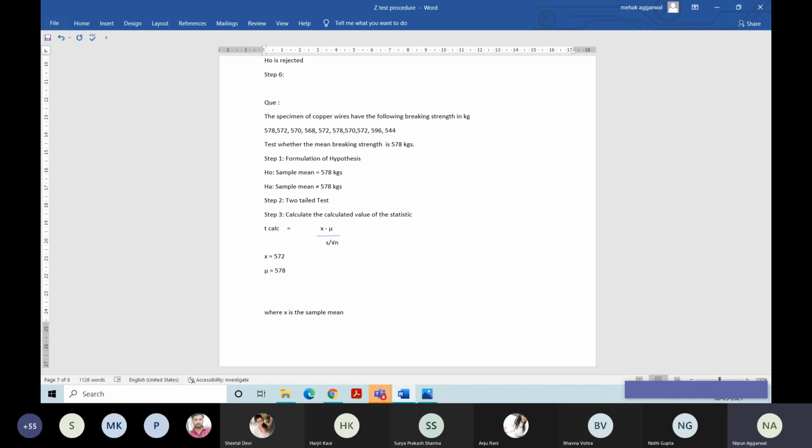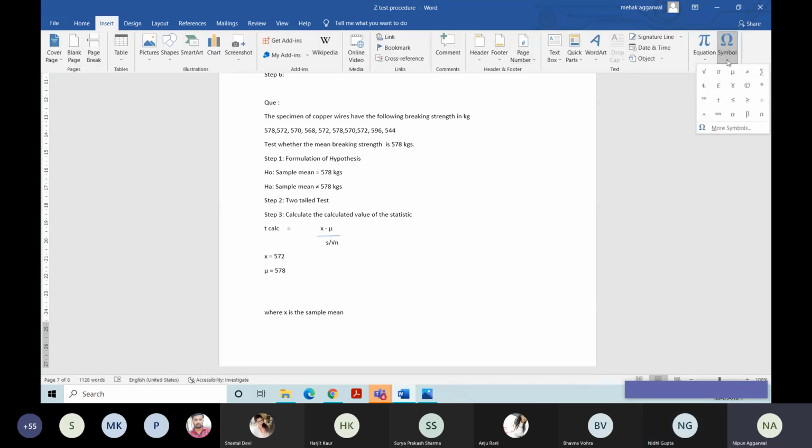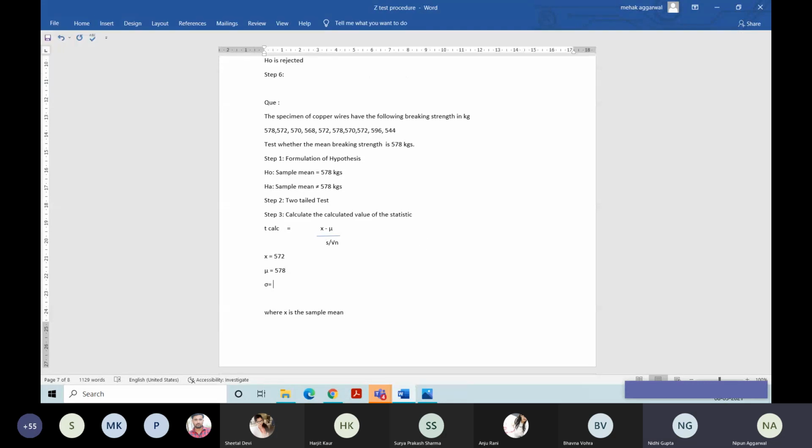Summation of x minus x bar square divided by n, under root. So what is the formula for standard deviation?